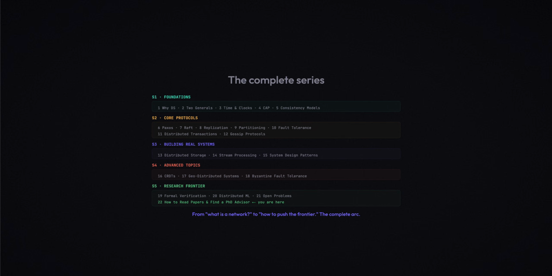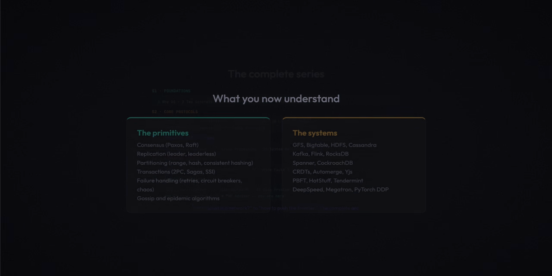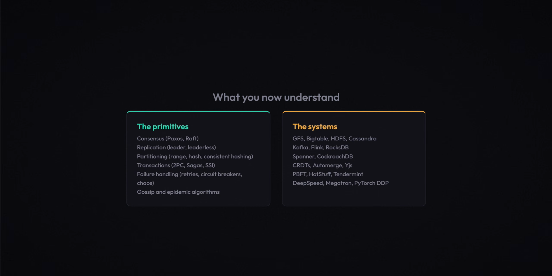Step back and look at what you actually know now. The primitives, consensus through Paxos and Raft, replication, leader-based and leaderless, partitioning by range, hash, and consistent hashing, transactions through two-phase commit, sagas and serializable snapshot isolation, failure handling through retries, circuit breakers and chaos engineering, gossip and epidemic algorithms.